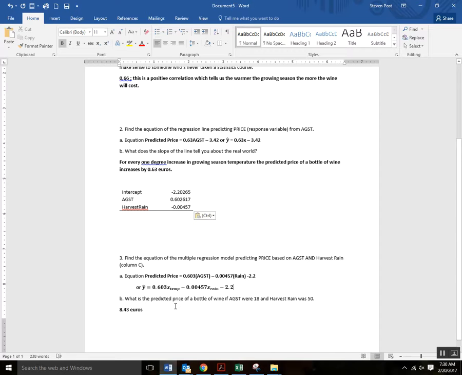And then finally, to find the predicted price of a bottle of wine, if AGST were 18 and harvest rain was 50, put in 18 here for AGST and 50 for harvest rain and do the arithmetic. 0.603 times 18 minus 0.00457 times 50 minus 2.2, and you'll get about 8.43 euros.